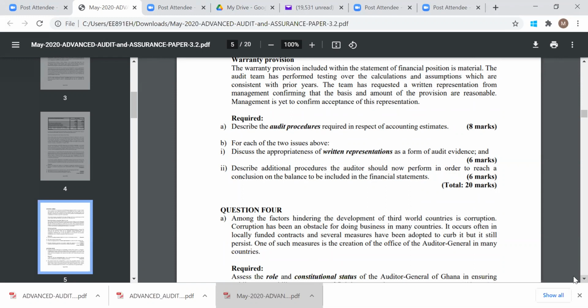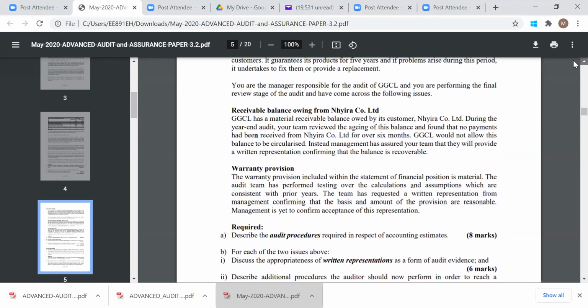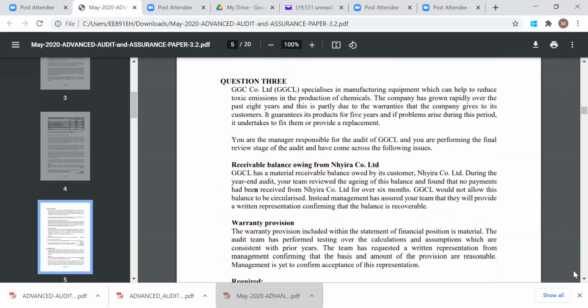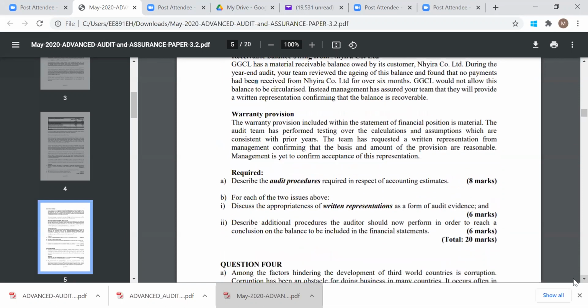Okay, so for the amount owed by the insurance company, they can use confirmation. First of all, they should confirm the existence of the firm, whether it's actually there, or whether it can be a fake organization that they put their name there.